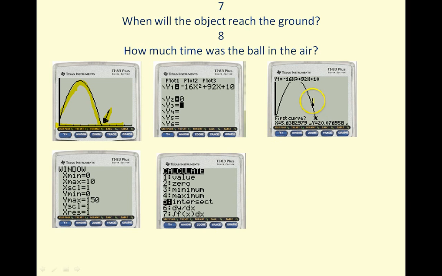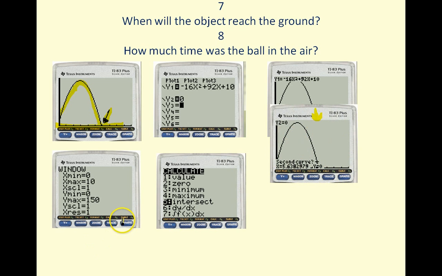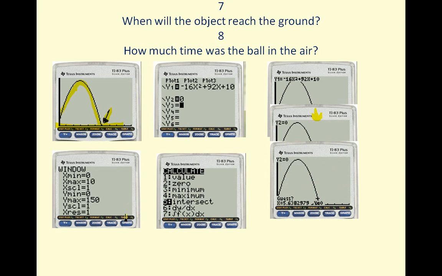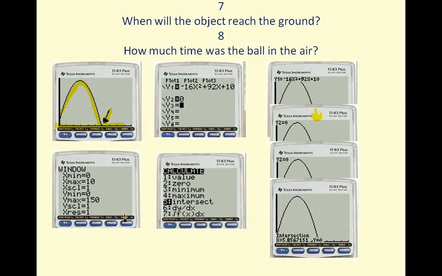And so I'm just going to move that cursor closer to where I'm looking. I'm looking for where it's intersecting the x-axis there. And then it gives you second curve. So after you've pushed enter there, you're close. So you can just push enter again, and you'll enter through the guess. So then make sure, again, just like last time when we were doing the maximum command, that you get to this intersection.